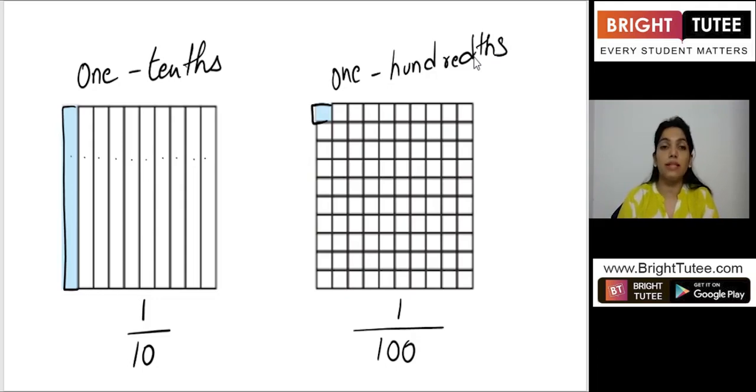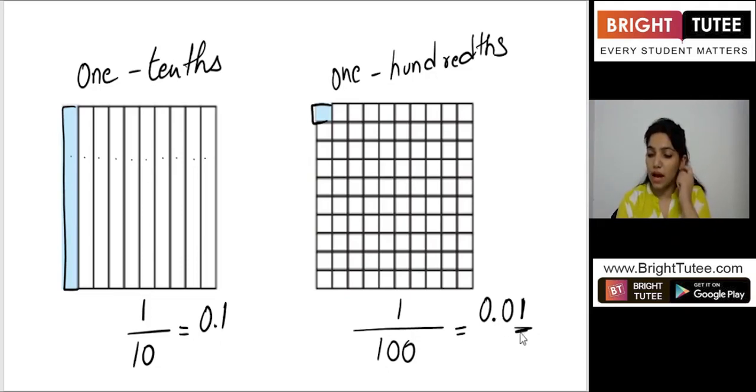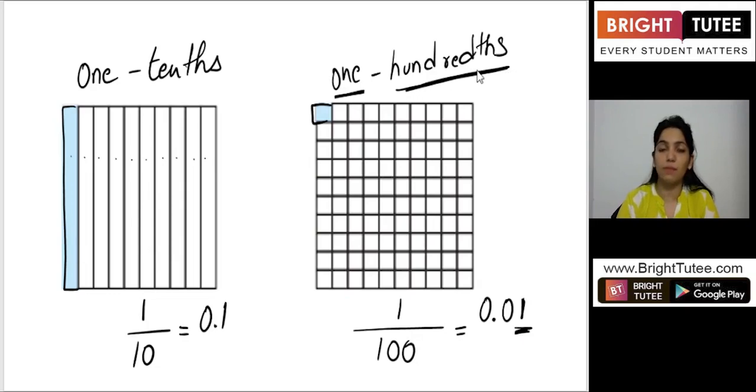And if I want to write this in decimal, how will I do it? 1 over 10 is written as 0.1. 1 over 100 is written as 0.01, because we need a number at the hundredths place in order to represent this. It clearly says 1 sitting at the hundredths place. And where is hundredths place? It is the place which is one after the other after the decimal point.